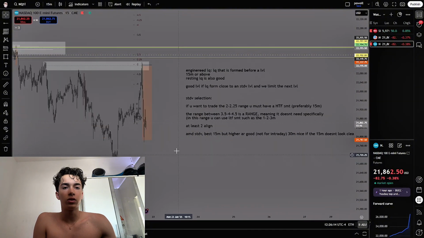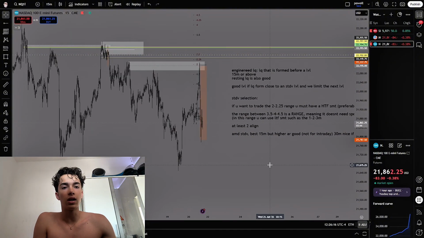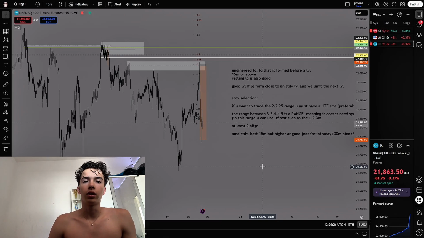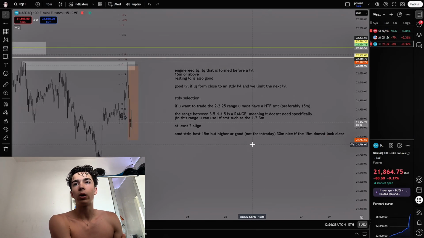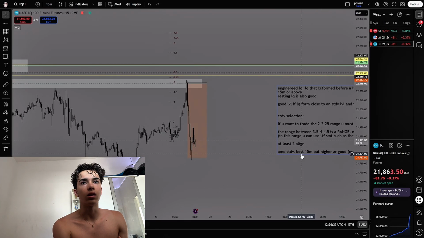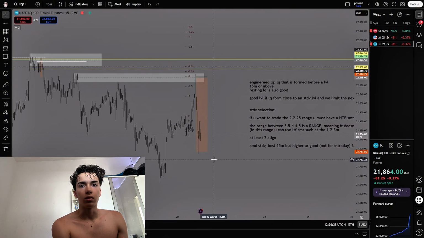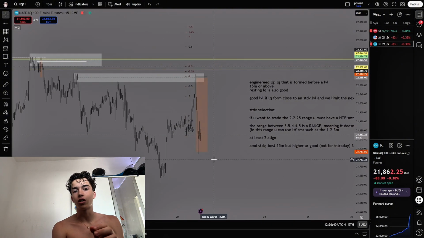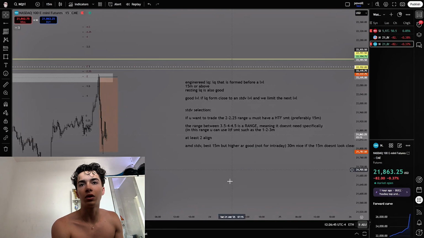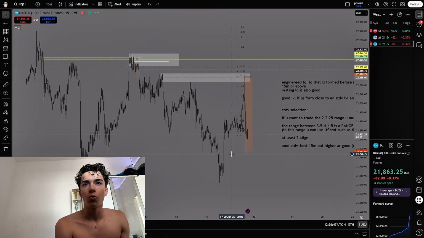Basically, we want to see some other confluence aligned in the same level. The best types of STDV level are the ones where we see engineered liquidity just before entering into our level and our position. It's a bit complicated to understand just with my talk and my explanation, but I'm sure that with the example later you will understand it 100%.